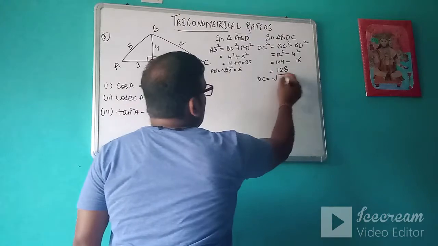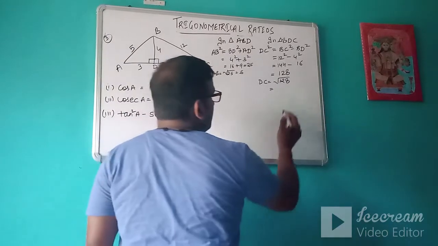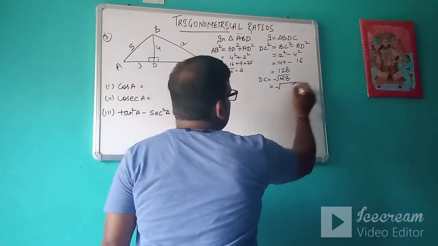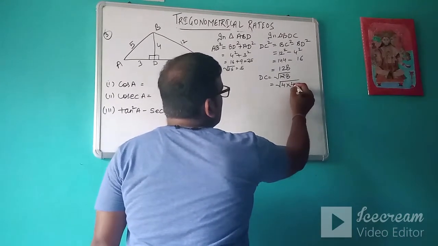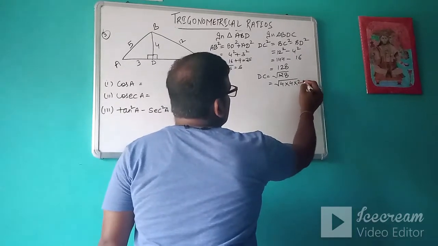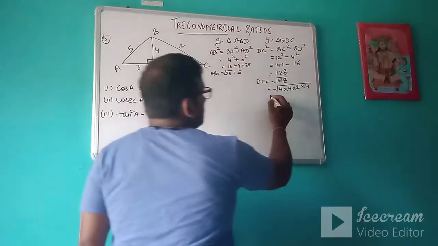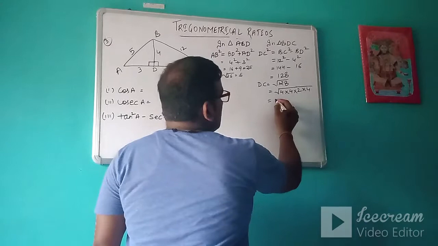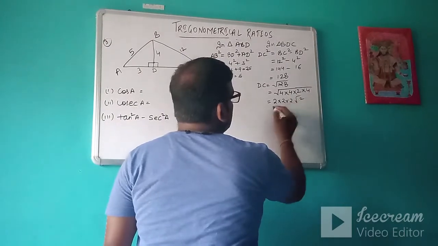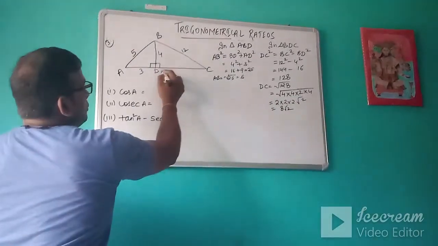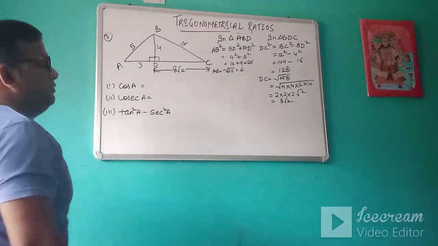DC will be square root of 128. And let's solve it a little bit. It will become 2 into 2 into 2 root 2, that is 8 root 2. So your DC will be 8 root 2.